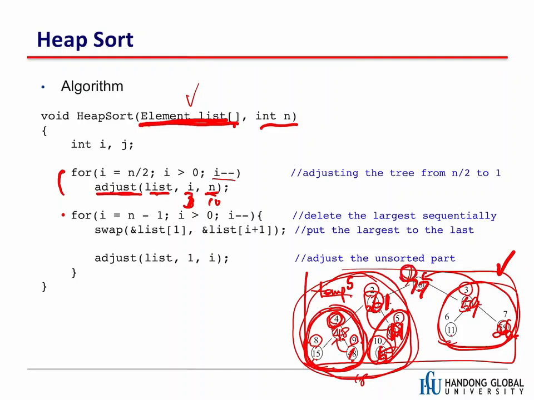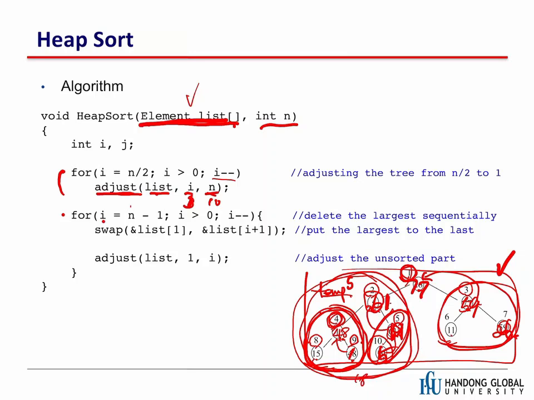And by the way, the index starts from 1, not from 0. So index starts from 1, and I starts from n-1. Then we're going to swap the first element with the last element.